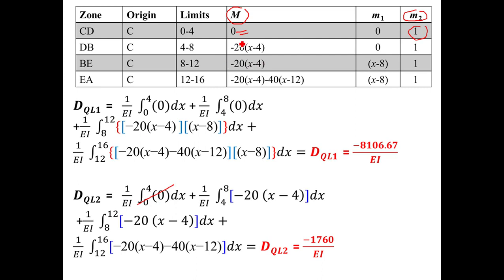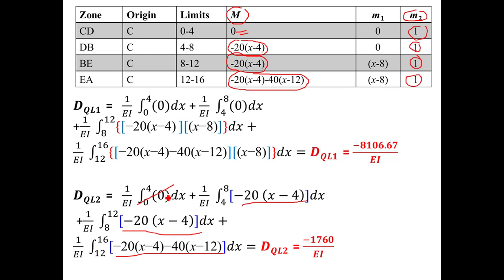Now in the second zone, capital M is equal to this, and M2 is equal to 1. So this is the second zone, M into M2. Third zone, minus 20 into x minus 4 into 1 again. And the fourth zone is capital M into M2, again 1.